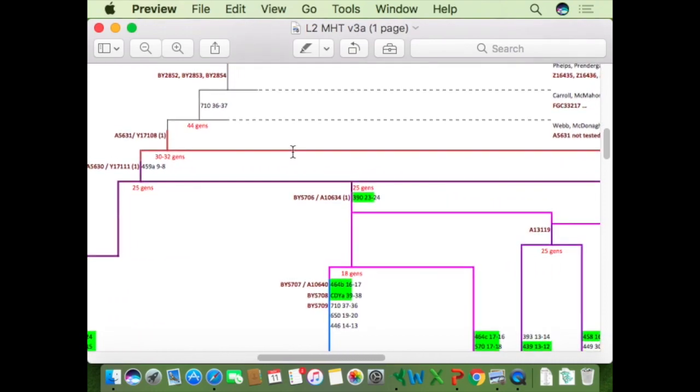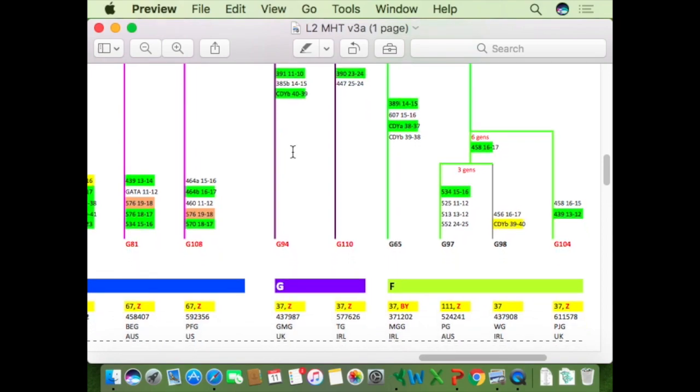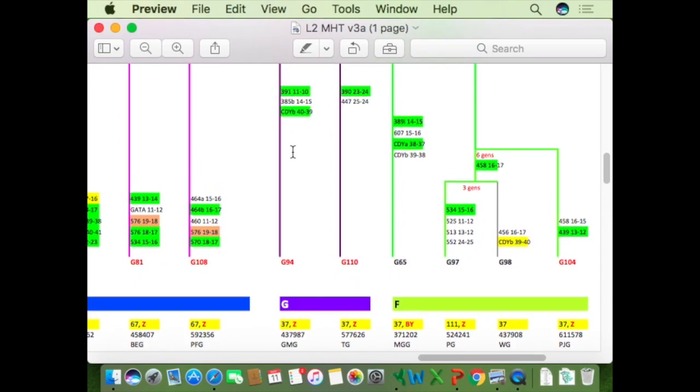One of the main reasons I think that is because, and I'll be talking about this tomorrow, when we look at branch F, this branch here was so distantly removed from everybody else in the project that it took us actually months to decide that this person was in fact belonging to the project, because we missed it.